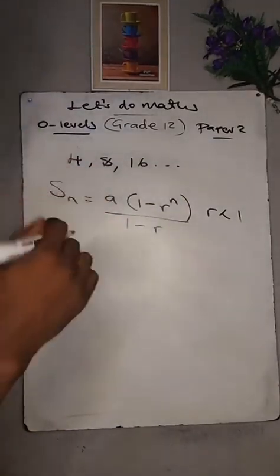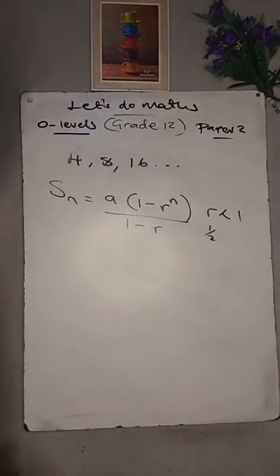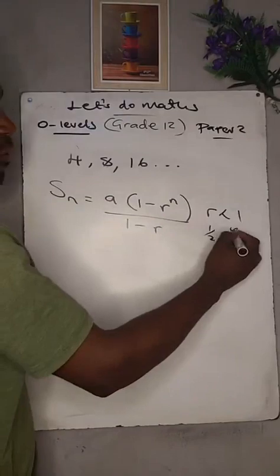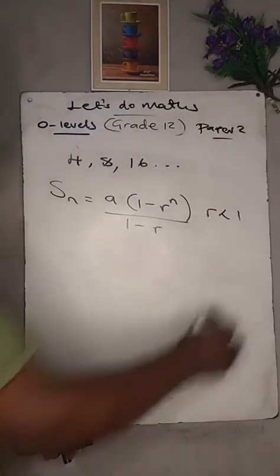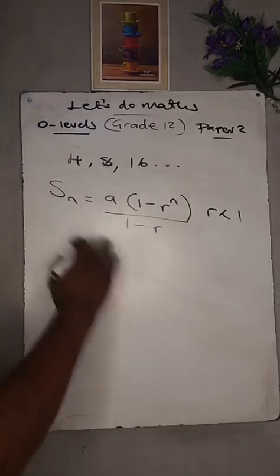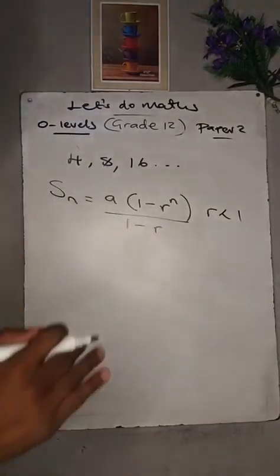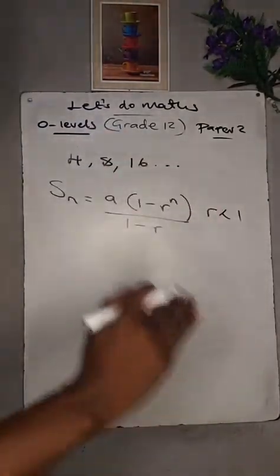It can be 1 over 2, which is less than 1, or 4 over 5, which is less than 1. So for every proper fraction, you use this formula. Less than means 0 going down.